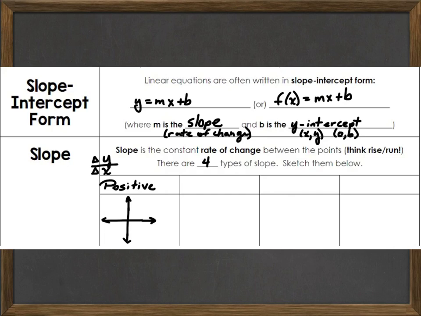A positive slope goes up and to the right, or down to the left. Or, if you want to say it in words, it is increasing from left to right.